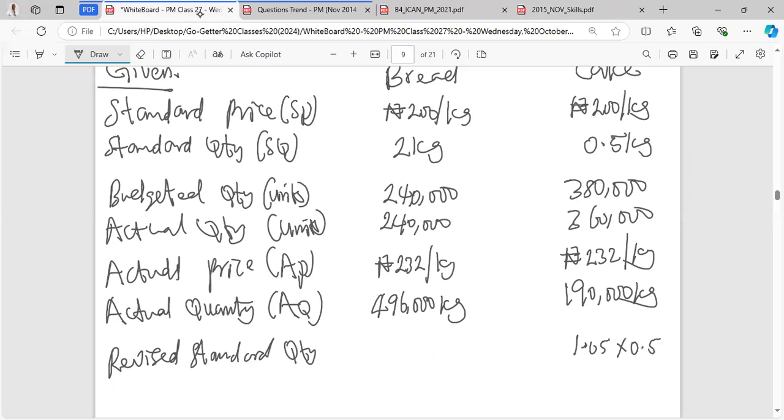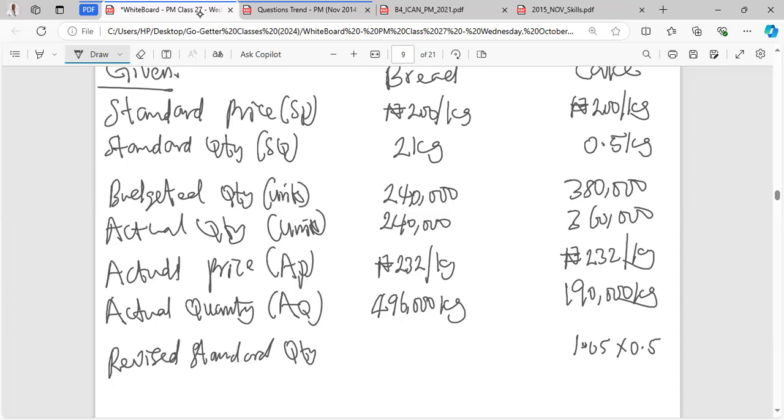So this is the normal quantity, which is 0.5. If you are going to be making it 5% more, then 1 is 100%, and 5% is over 100%. So when you multiply this, this is the revised standard quantity.